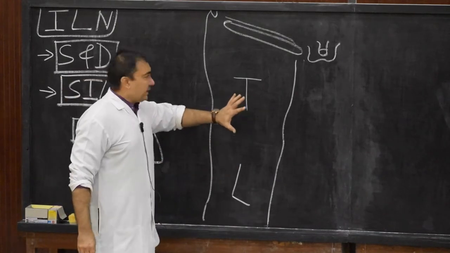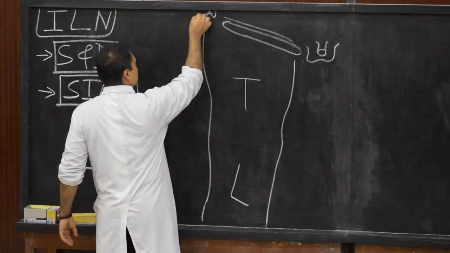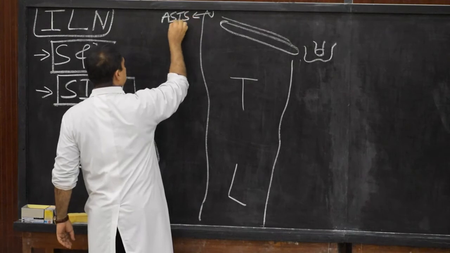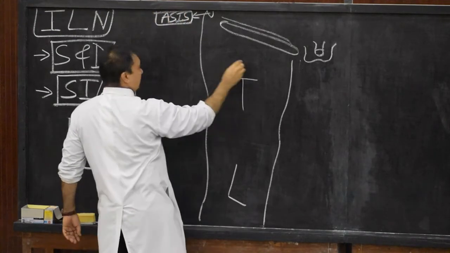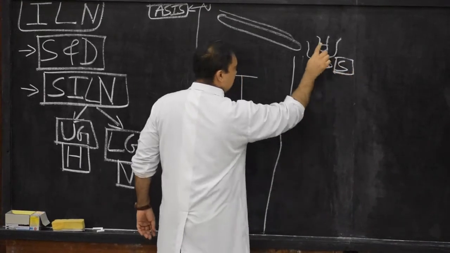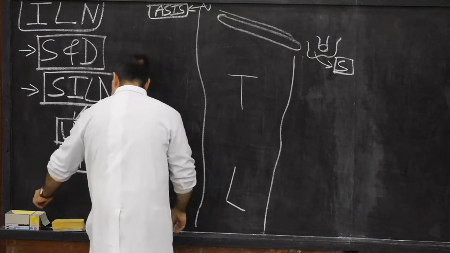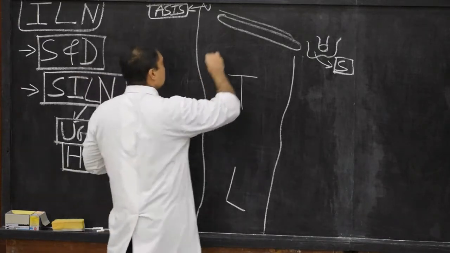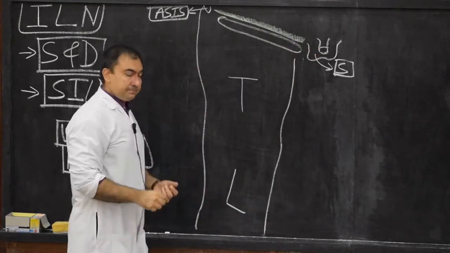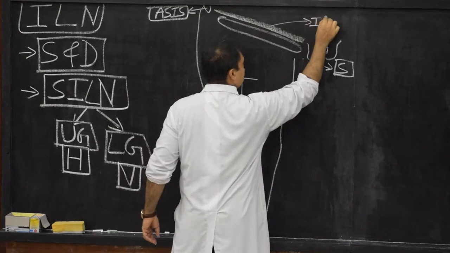Here we have to concentrate on the inguinal region. This will be the anterior superior iliac spine, and this is of course the scrotum and penis. This structure, which we can show in green color, will be the inguinal ligament.